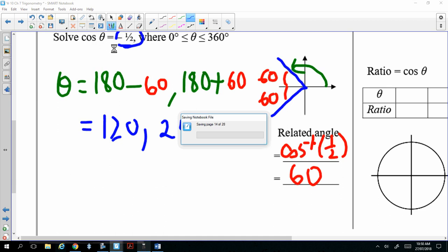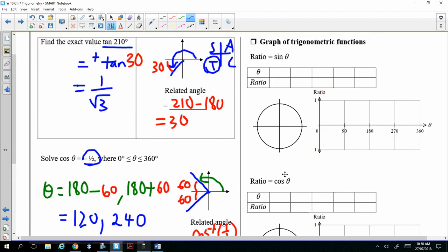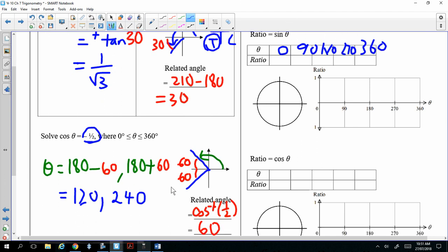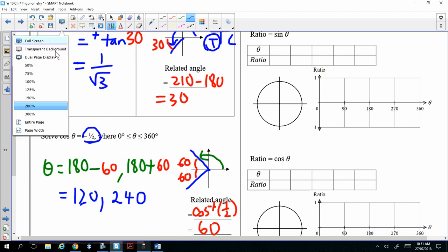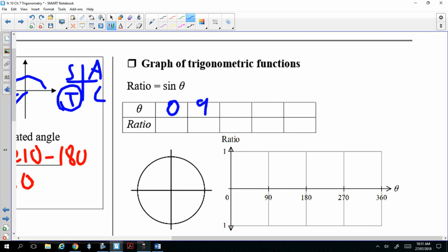So hopefully you remember how to draw the sine graph and the cos graph. Have a try. Hopefully you remember from yesterday: 0, 90, 180, 270, 360. Plot the points and draw them. Okay, good. So you got it. So let's try to do this. You have 0 degrees, 90, 180, 270, 360, and then you can do the ratios. How do I know this?